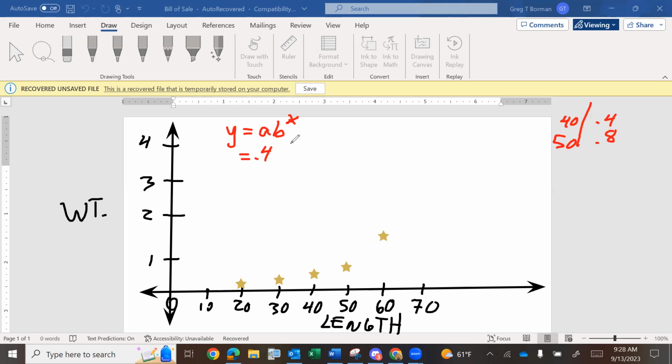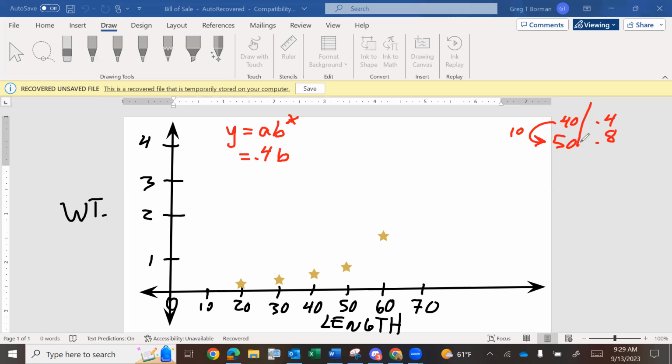You're not going to need to do this process very much, but a little. Now we need to figure out what B is. In order to figure out B, I'm going to plug in a point for an x and a y coordinate that go together. So I'm going to use the other point. If this is our starting value, then the second point is 10 centimeters further down the line.